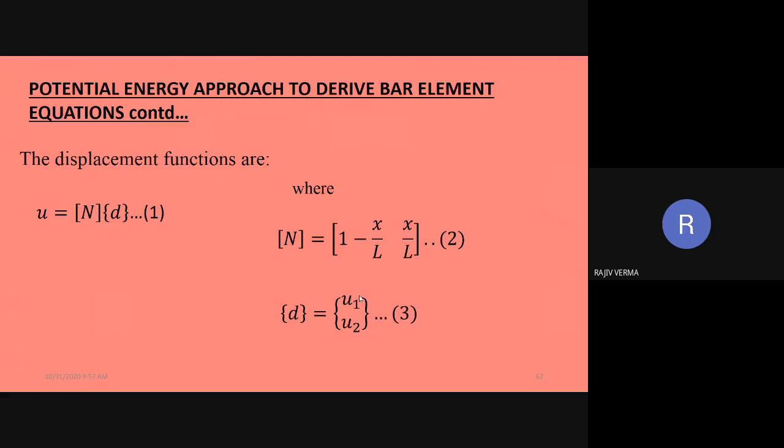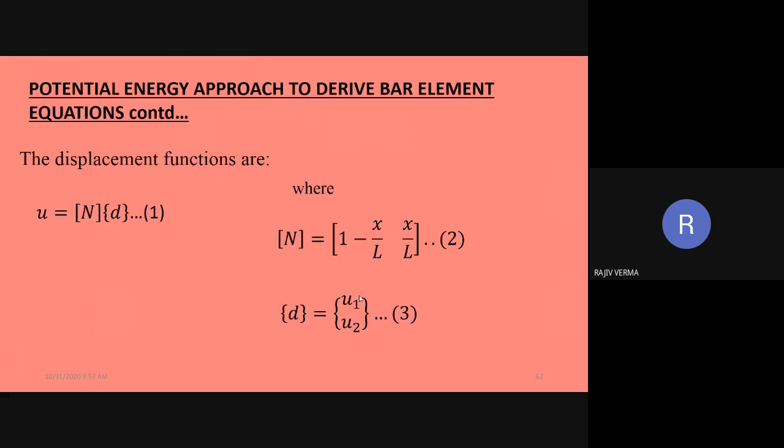This is equation number 3. Since we are taking a line element, it has two nodes. Therefore, both the shape function and the displacement function happen to have only two elements in them.